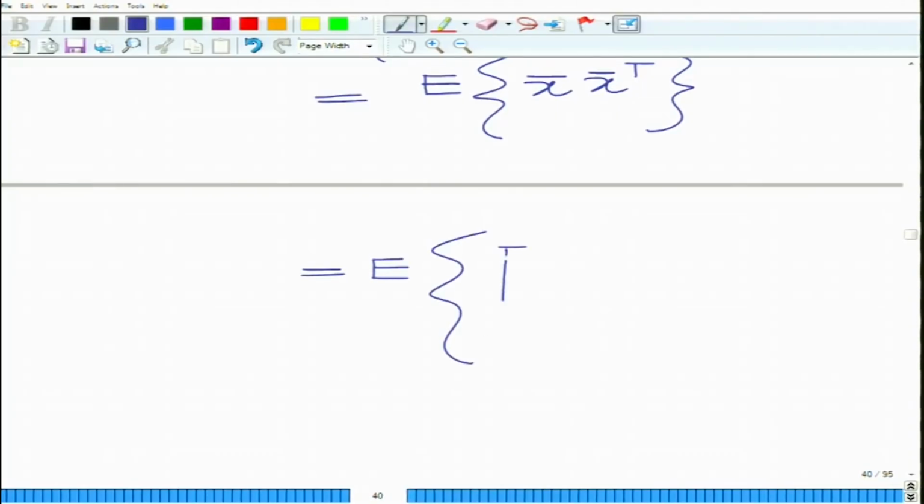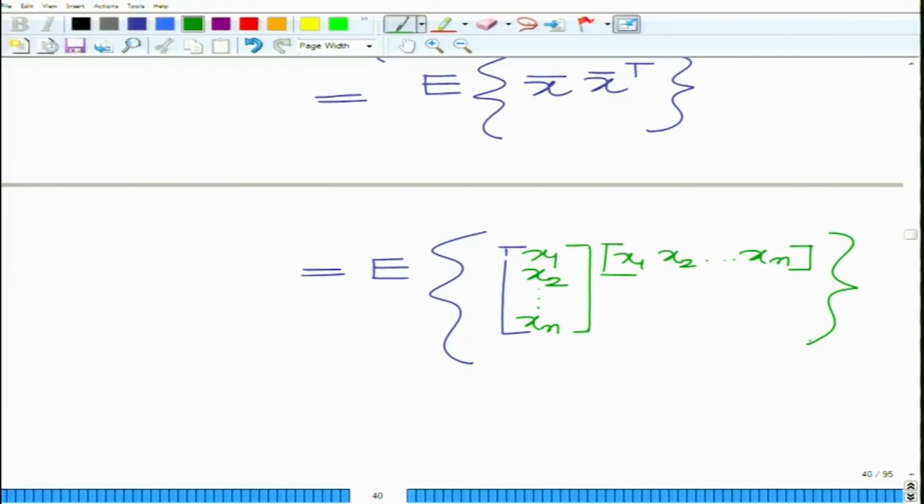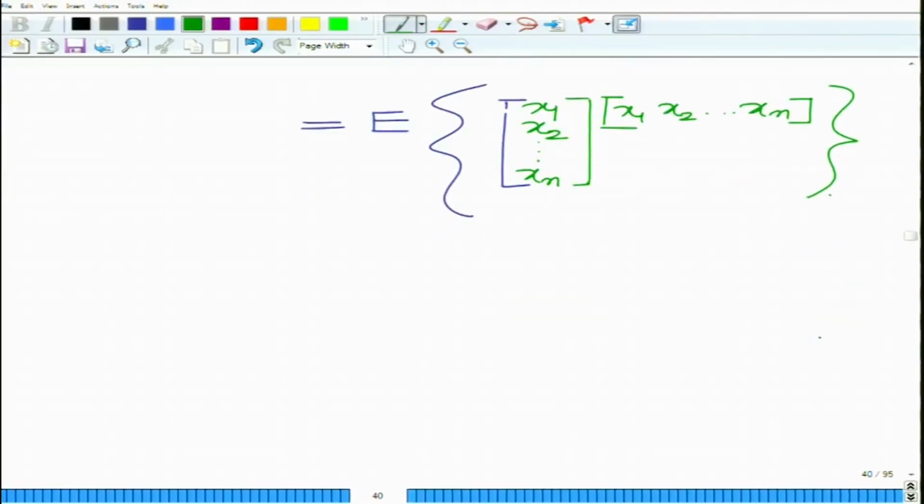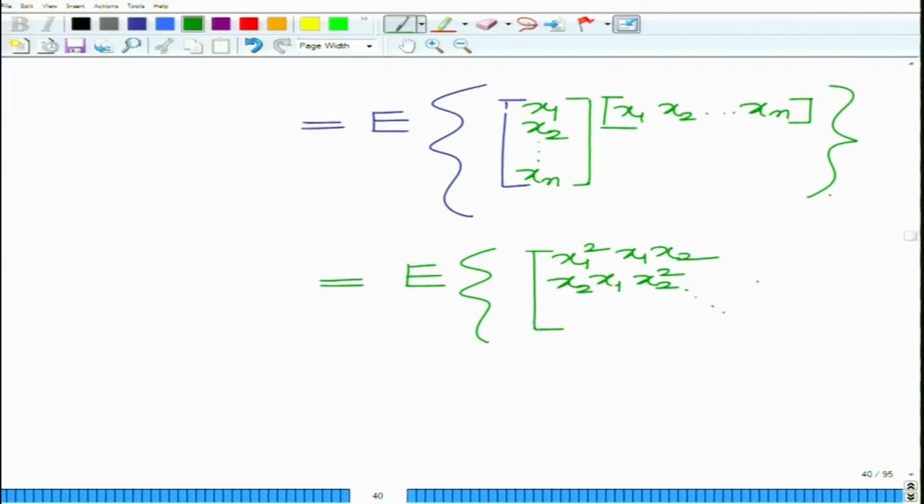This is going to be expected value of x bar, which is the vector x1, x2, xn, into the transpose, which is the row vector. Remember, the transpose of a column vector is a row vector. Now, once you compute this, you will have entries such as x1 square, and the off diagonal entries will be x1 x2, x2 x1, x2 square, and so on.